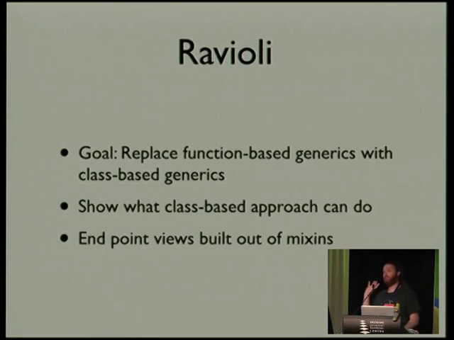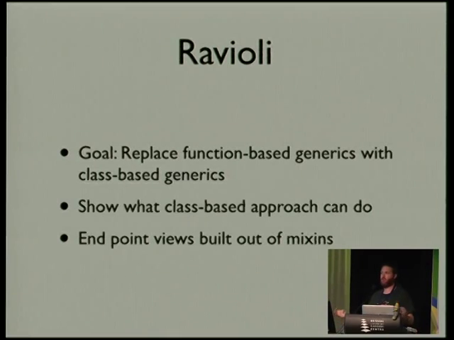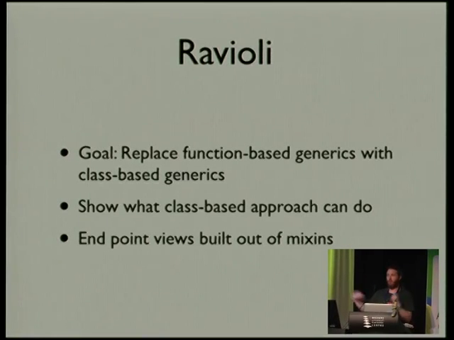Now, this is an entirely legitimate criticism. The class hierarchy that exists in class-based generic views is very complex. And in order to use them at all, you need to wrap your headspace around the whole thing. And that's hard because there's a lot of stuff there. The minimum quantum that you need to understand in order to use any of it is all of it, effectively.